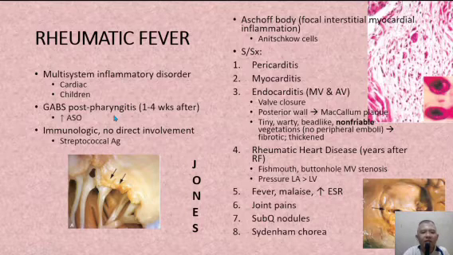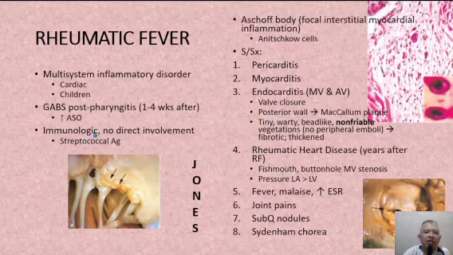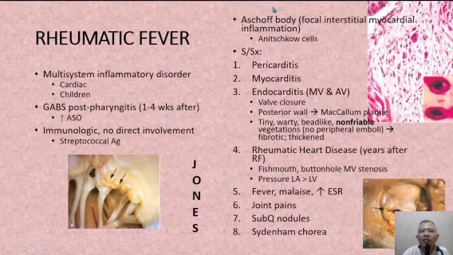Okay, and the etiology is immunologic, it is autoimmune, in such a way that the body develops antibodies against the streptococcal antigen, specifically the M protein. And histologically, we can see Aschoff bodies, which are likened to a granuloma.